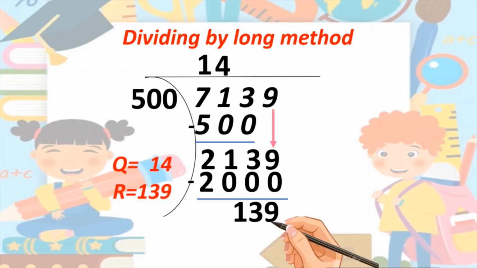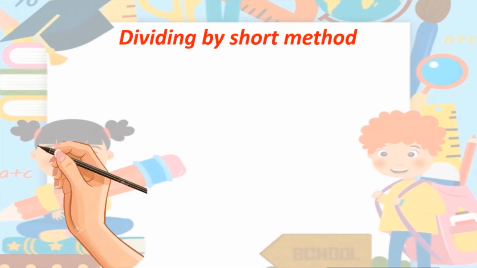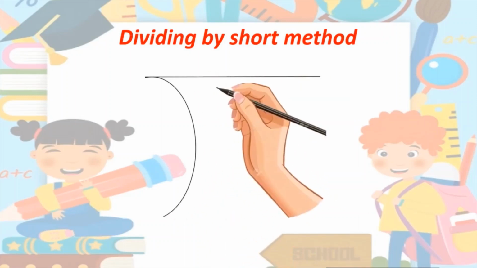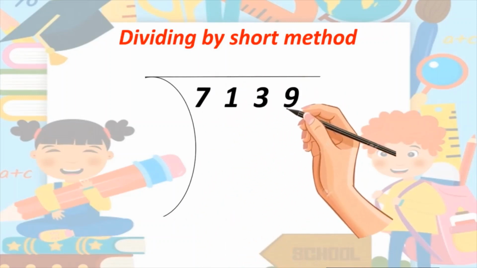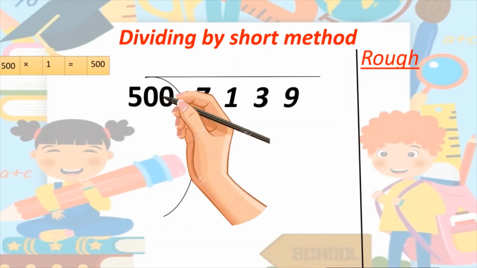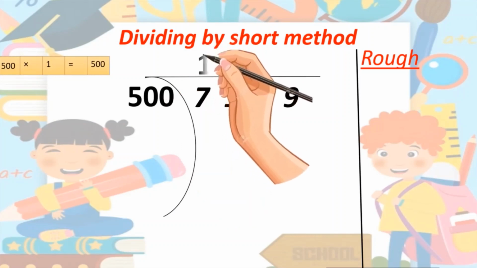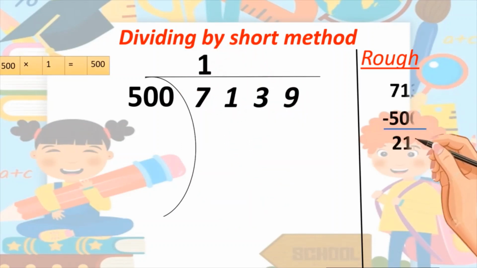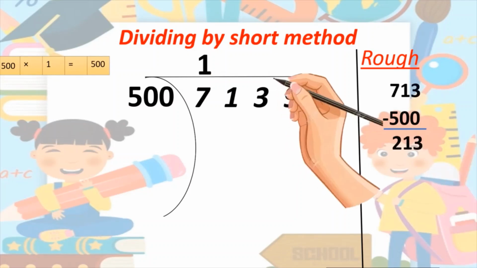Let's do the same sum in short method. 7139 divided by 500. So again, we consider the first 3 digits of the dividend because 500 is a 3-digit number. So 500 ones are 500. We subtract 500 from 713 to get 213.